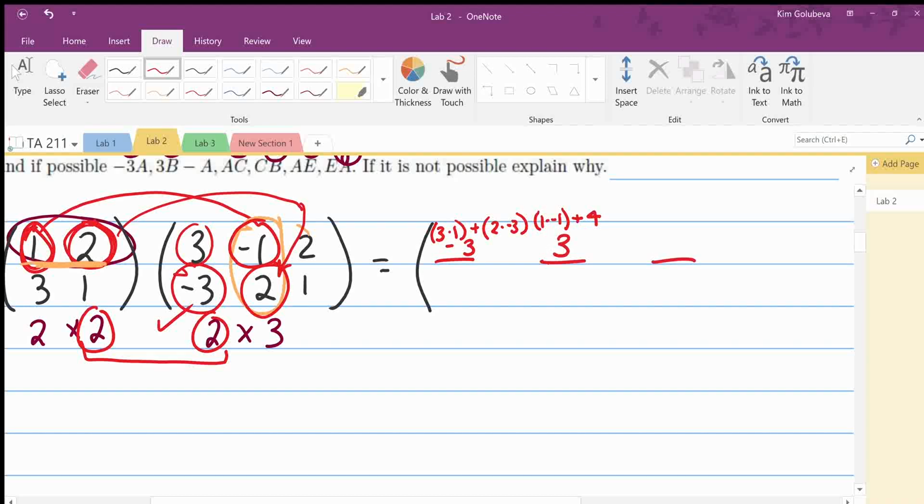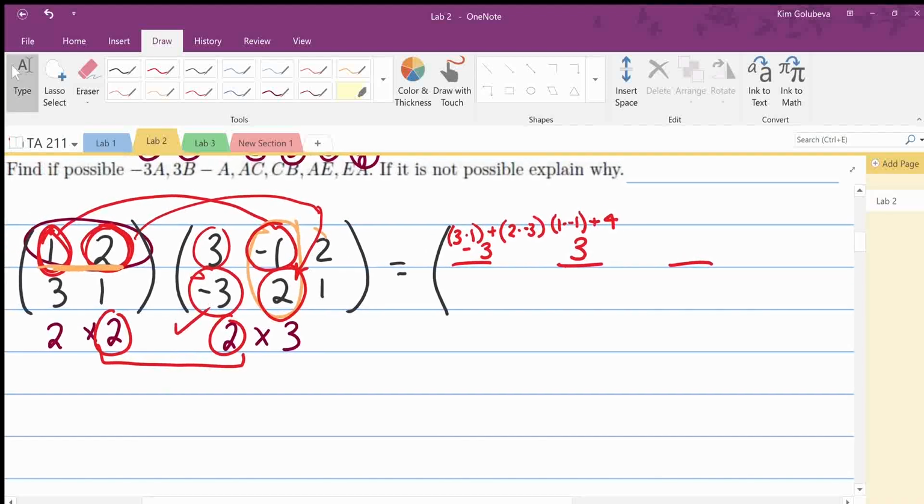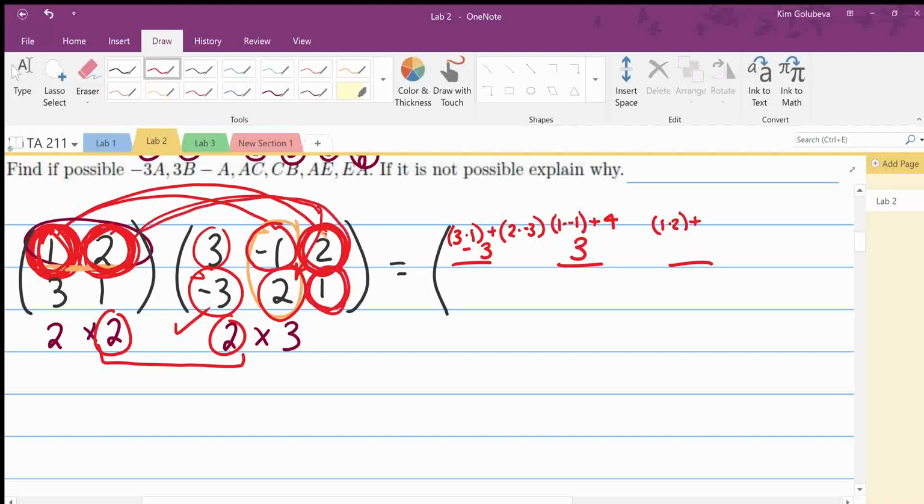Third entry, similar type of strategy. We're taking this 1 and multiplying it by this first one right here, the 2. Okay, so we have 1 times 2 plus, now we're taking this 2 and multiplying it by this 1. Okay, so plus 2 times 1. So we end up with 4.